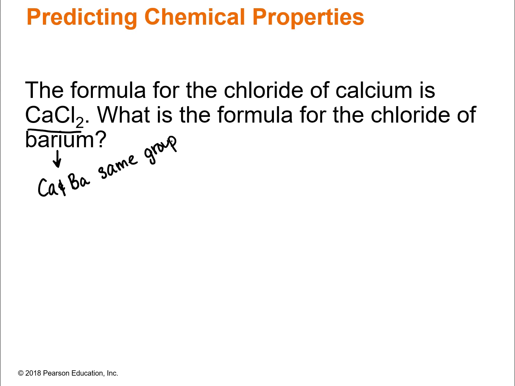So for this question, you would look at the periodic table and make sure that they're in the same group, the same column. If they are, then it's the same kind of formula as calcium. But instead of CaCl2, it's BaCl2, Ba for barium. So does that make sense in terms of the chemical properties and how you can predict formulas based on the group?